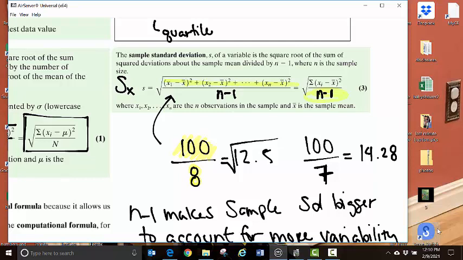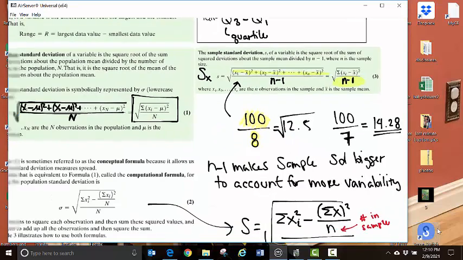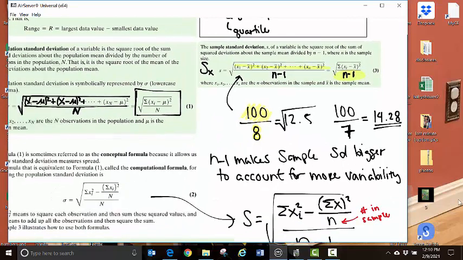One smaller number. And the reason is if you divide by a smaller number, your answer will be bigger, so you're going to get a larger standard deviation to account for error. Okay, so n minus 1 makes the sample standard deviation bigger to account for more variability.